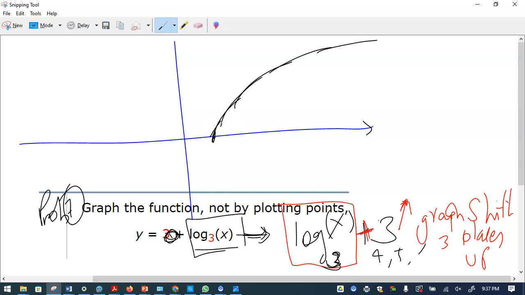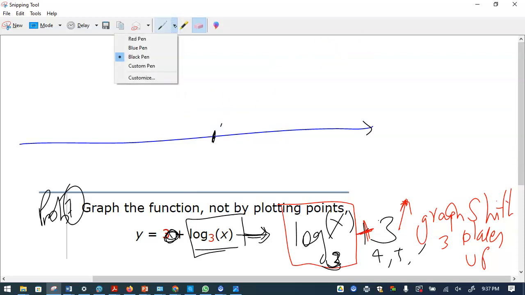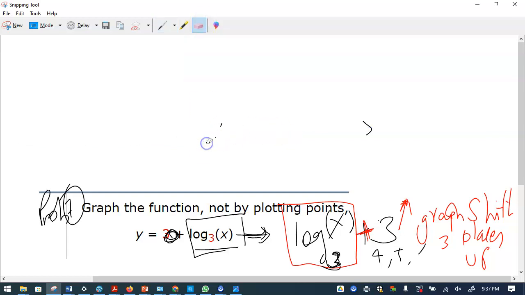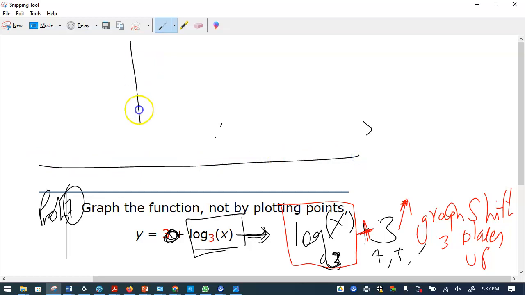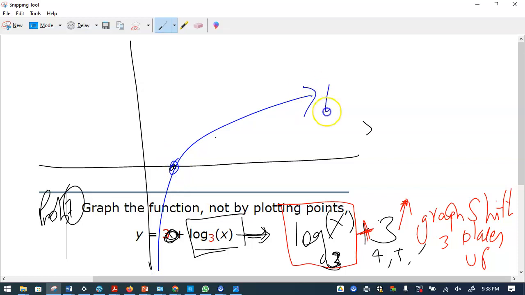Let me clean this one. Okay, and the original graph is something like this. So this is the original logarithm of x to the base 3.